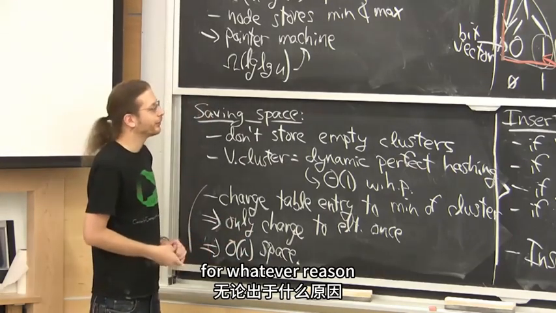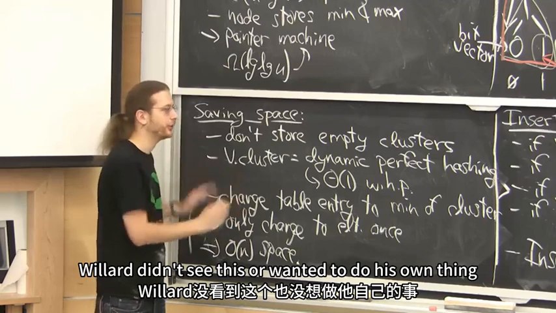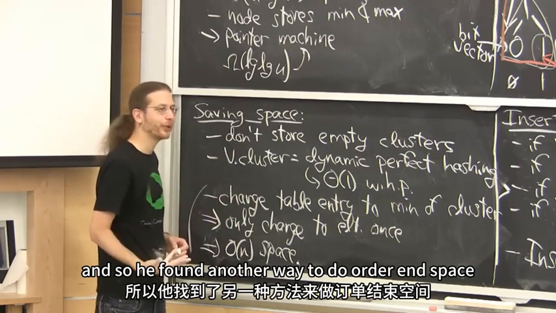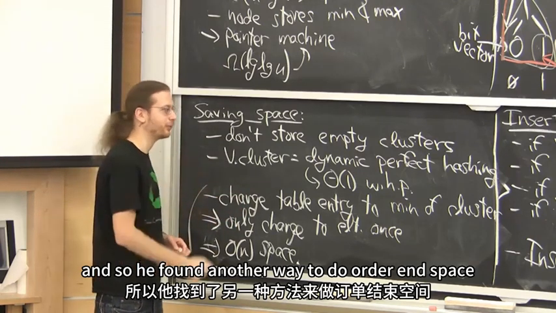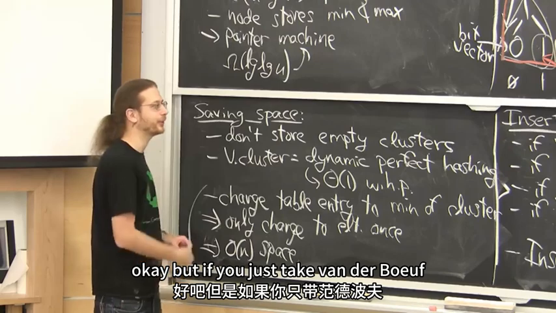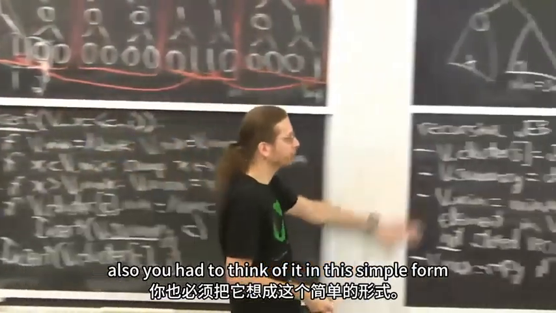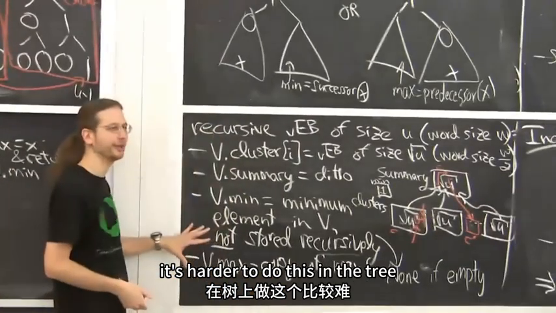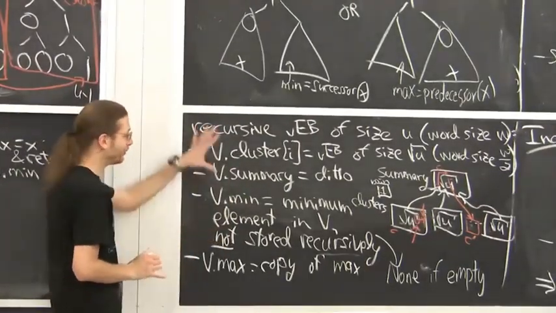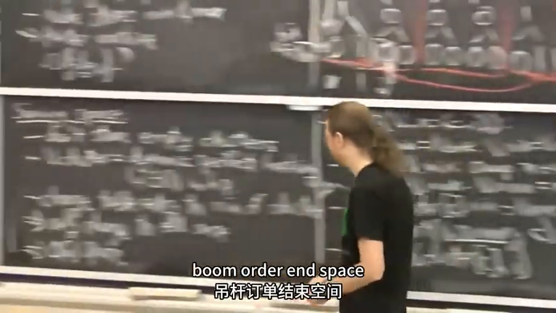Now, for whatever reason, Willard didn't see this or wanted to do his own thing, and so he found another way to do order n space, log u query with hashing. But if you just take van Emde Boas, well, I guess you also had to think of it in this simple form. It's harder to do this in the tree. It can be done, I think, but this is a simpler view than the tree. And then, boom, order n space.